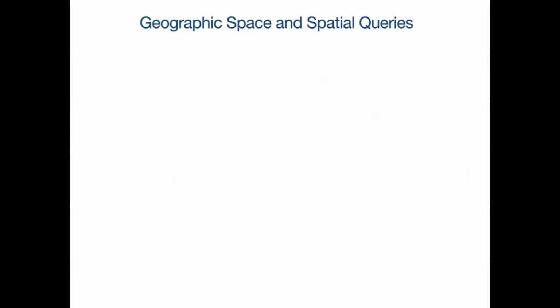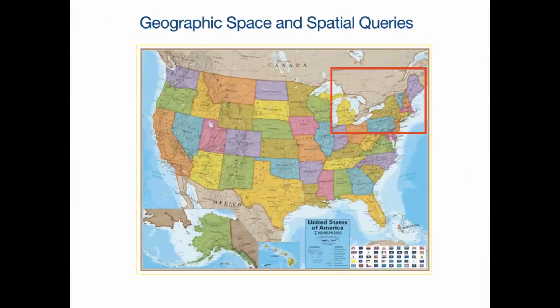Just think about the geographic space and what are the queries we could ask. This is a projected map of United States and Canada, and someone could ask the query, what is the direction relation between Canada and the US?